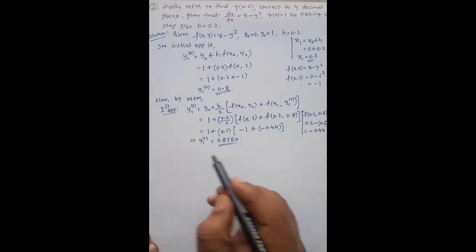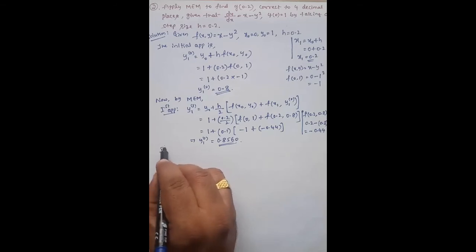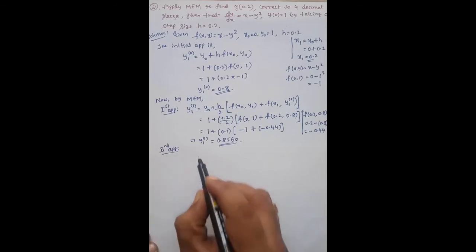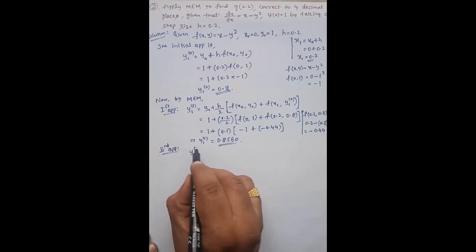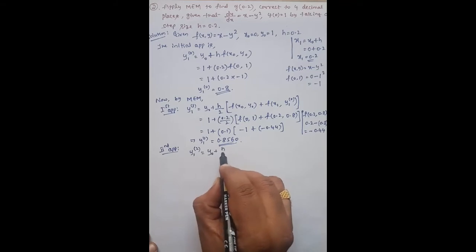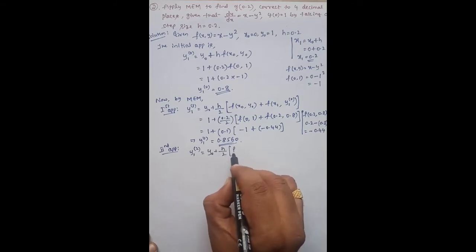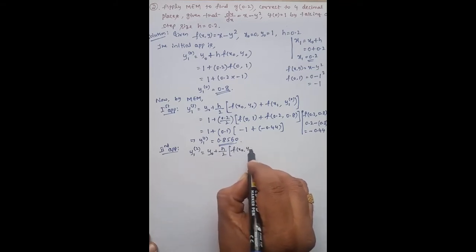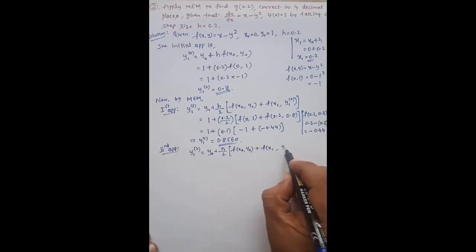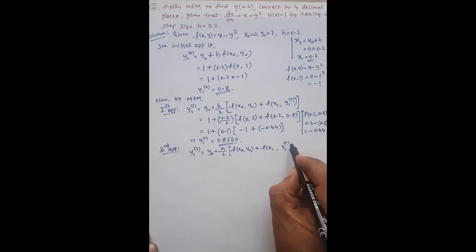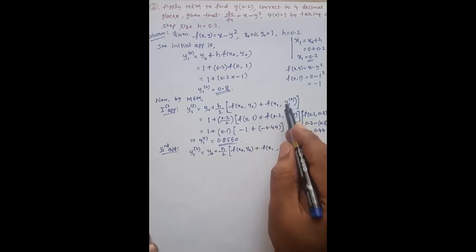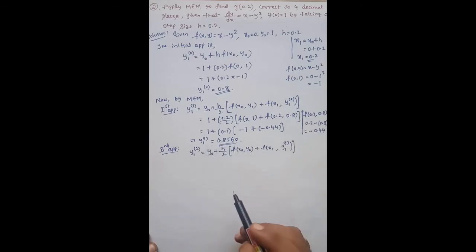Now we'll calculate the second approximation. So the formula is y1 power 2 equals y naught plus h by 2 into f of x naught comma y naught plus f of x1 comma y1 power 1. So the same formula you can repeat, but just change this to the first approximation, y1 power 1.